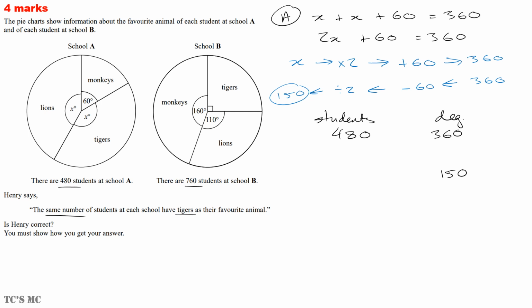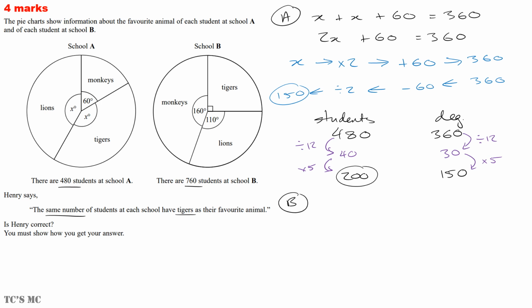A common factor of 360 and 150 is 30. To go downwards, we need to divide by 12 and then multiply by 5. Do the same on the other side. Divide by 12, and that is 40. Multiply by 5, and that gives us 200. Now we have our second mark.